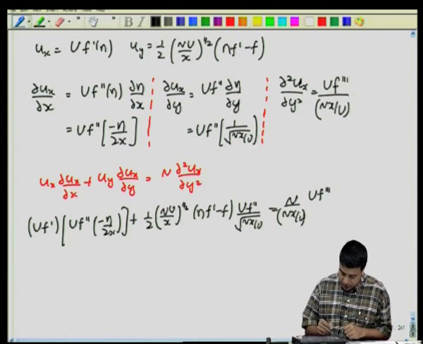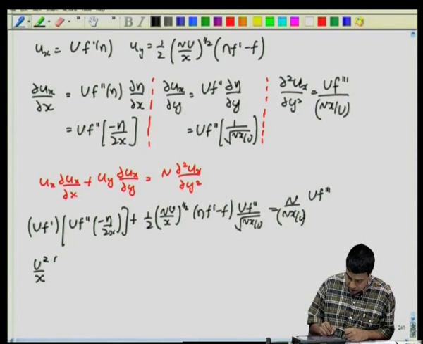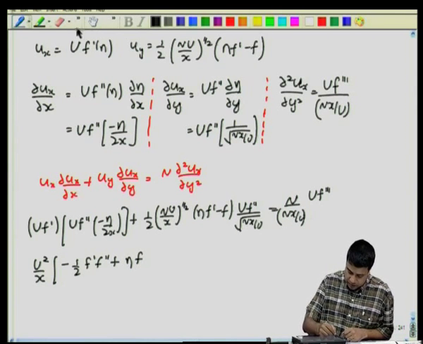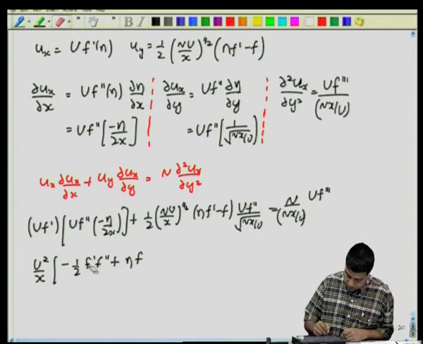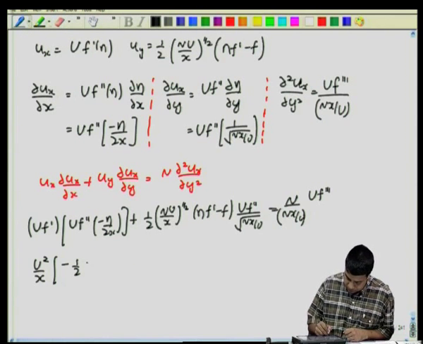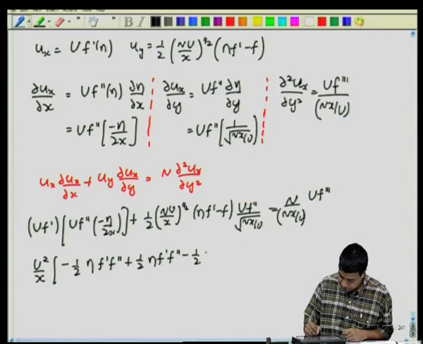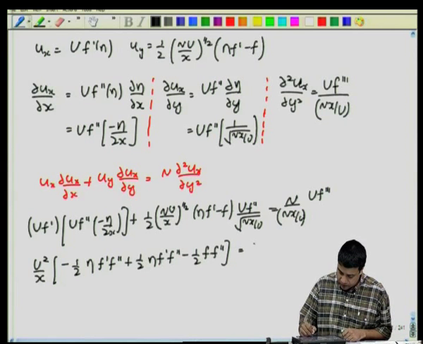So, this will give me U square by x into minus half eta f prime f double prime plus, I should put a minus, minus half f f double prime, is equal to U square by x into f triple prime.